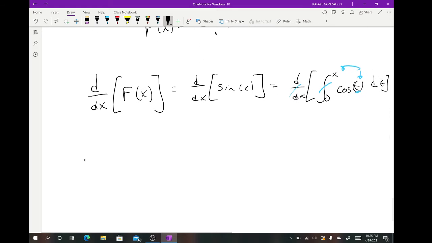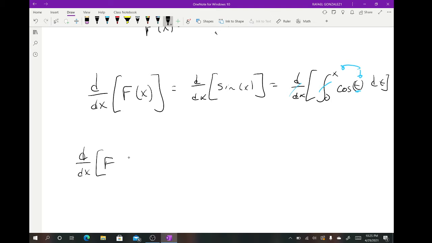So again, if somebody tells you, find the derivative of G of x, where capital G of x is given to you as an integral from 0 to x of e to the t plus 2 dt, then you can expect this to work as you normally would.